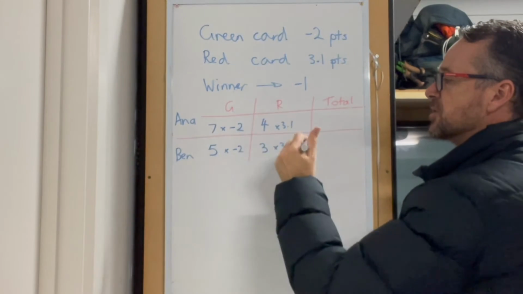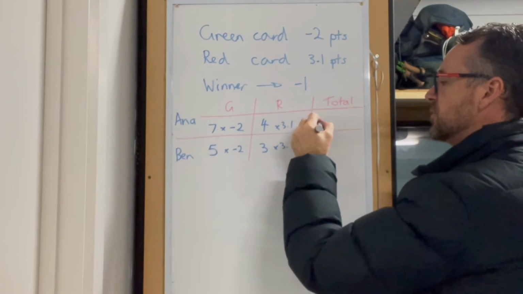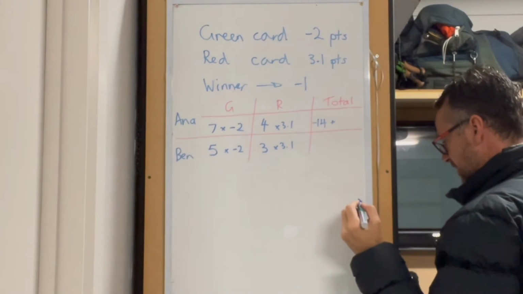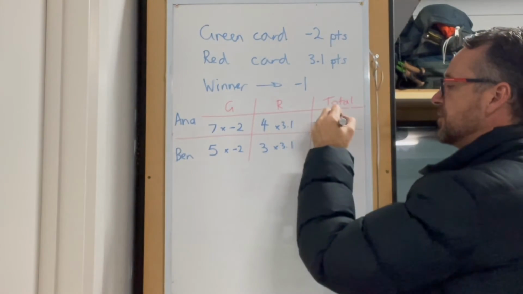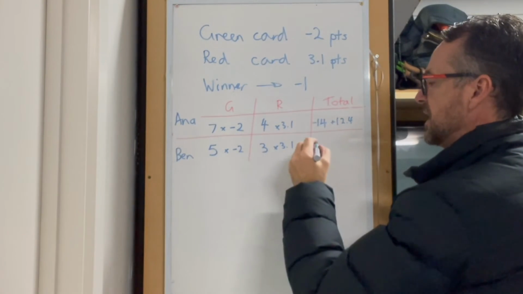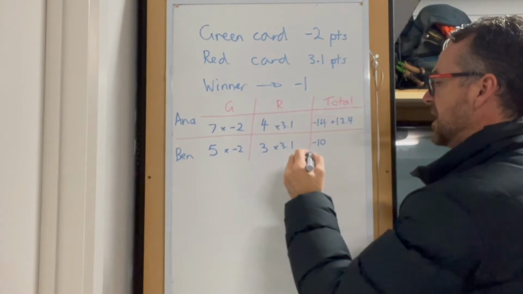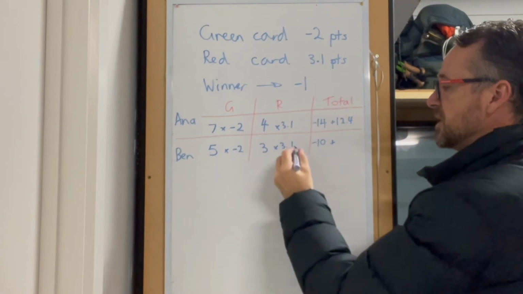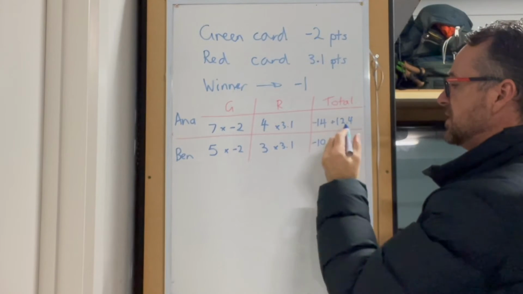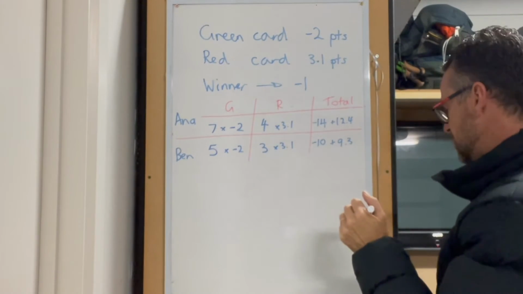So 7 multiplied by -2 is -14, and we want to add on to that 4 multiplied by 3.1, which is 12.4. And here we've got 5 by -2 is -10, and we want to add on to that 3 times 3.1, which is 9.3. So we've got these there, and then we want to have those as totals.